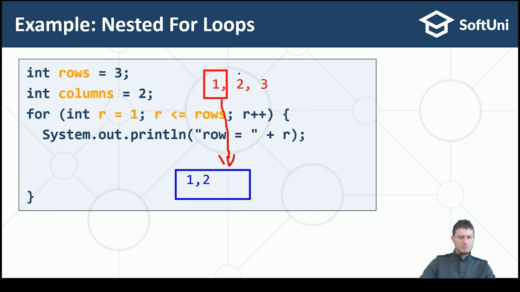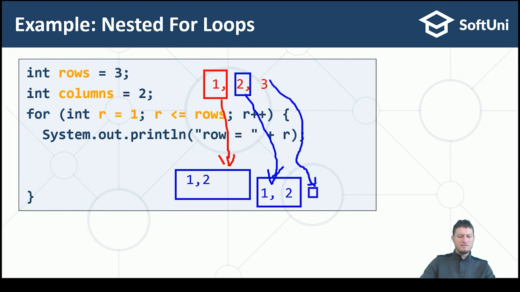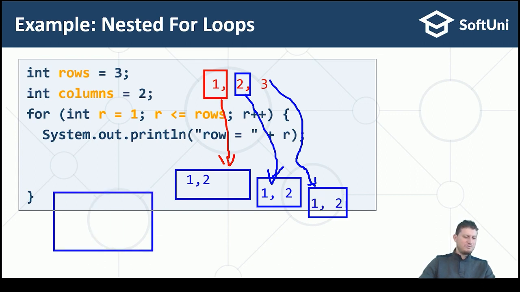For 2, I want to have the numbers 1 and 2. And for 3, I want to have again the numbers 1 and 2. Because I want to have 3 rows, each holding 2 columns.